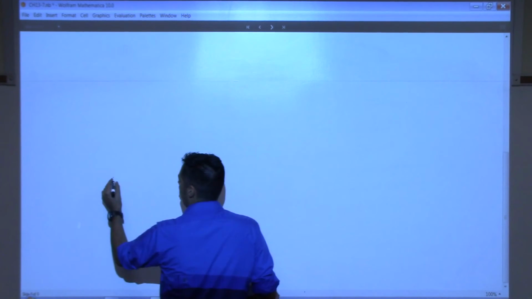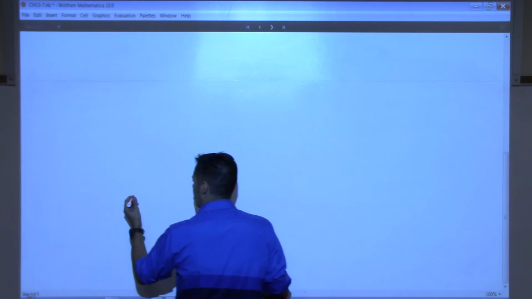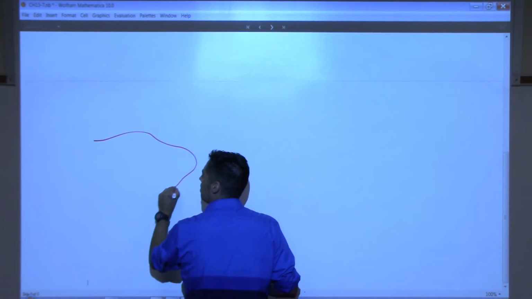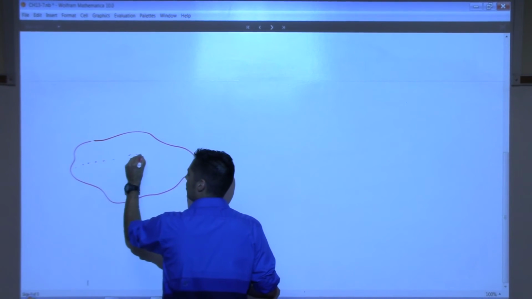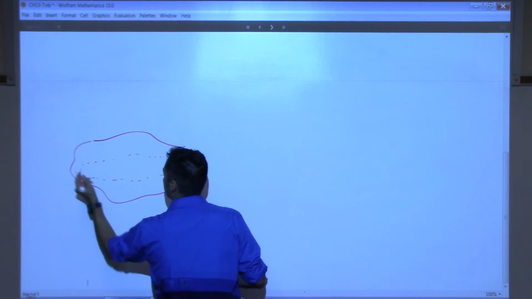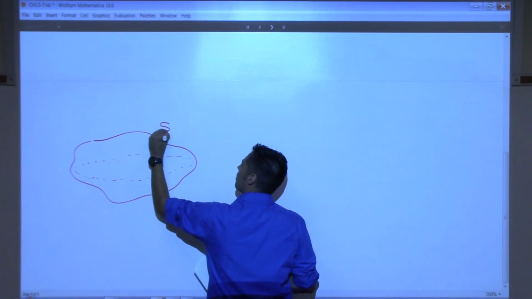So let's say that we have, I'm going to use a different color here, a surface, a three-dimensional surface. I'm just drawing it so you can see it has some depth to it. I'm going to call this surface S2.